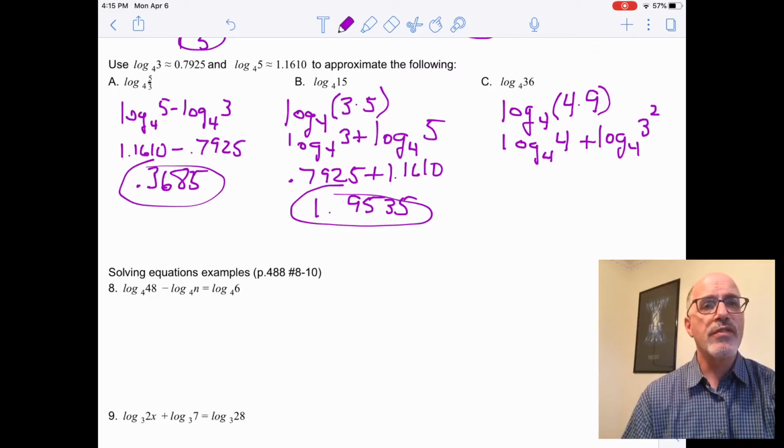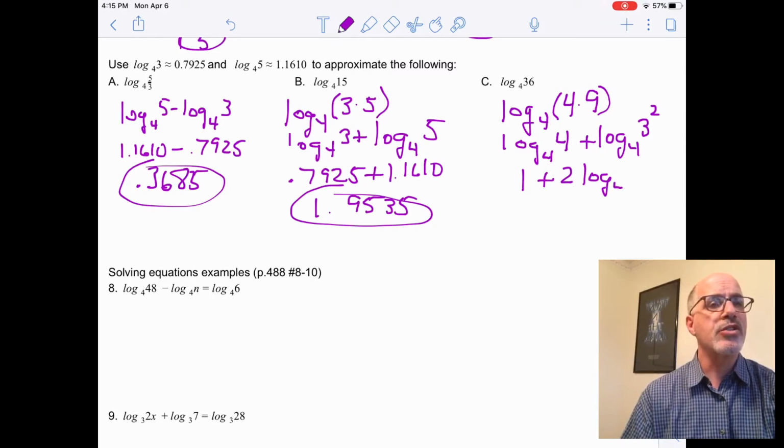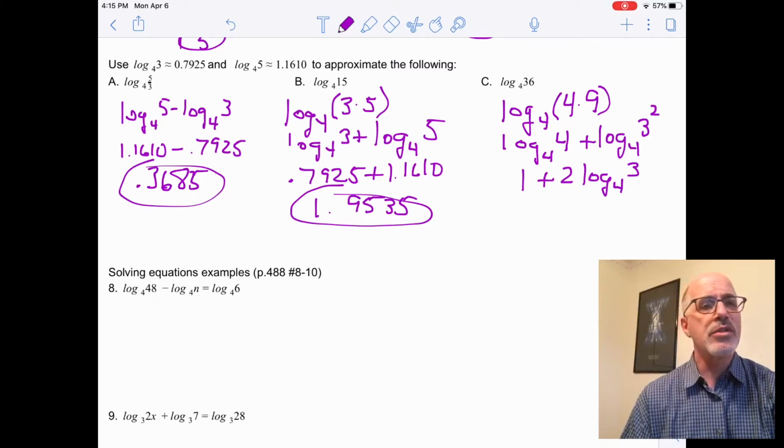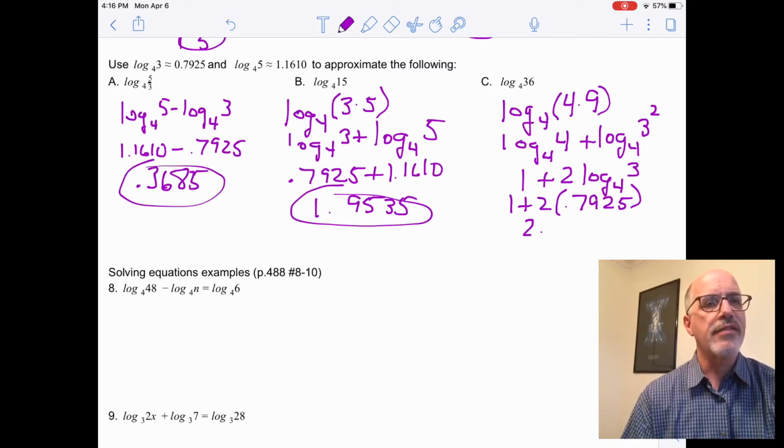Log base 4 of 4 to the first is just a 1. And then log base 4 of 3 squared, we bring that 2 in front, substitute for the log base 4 of 3, put in the number in the directions that it's approximately equal to, multiply it by 2, add it to 1, and you get about 2.585 for an answer.